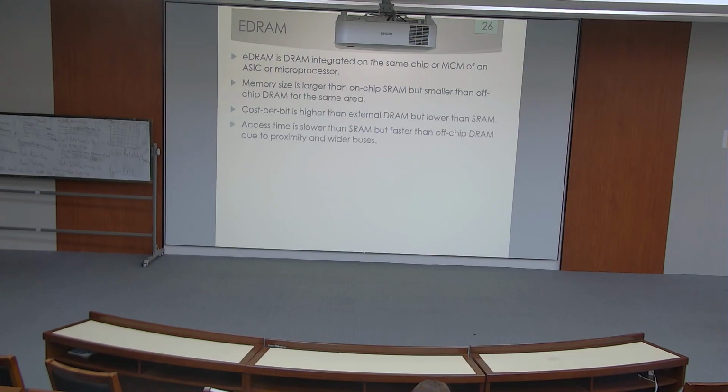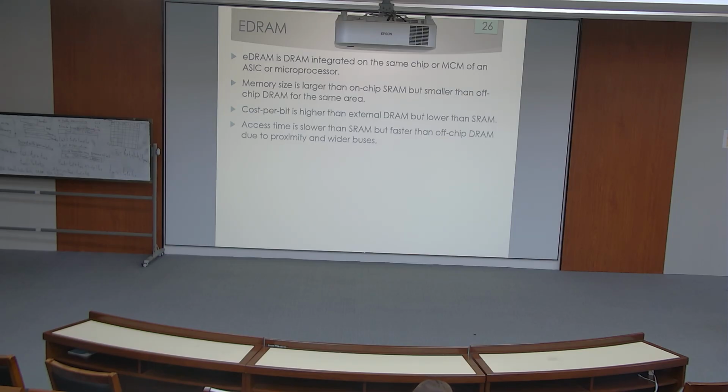Now, we are done with the introduction of the synchronous DRAM and the double data rate DRAM. Now we need to discuss another internal memory system, which is the embedded DRAM. The embedded DRAM is another type of DRAM memory which is integrated on the same chip, or on the ASIC of the microprocessor.